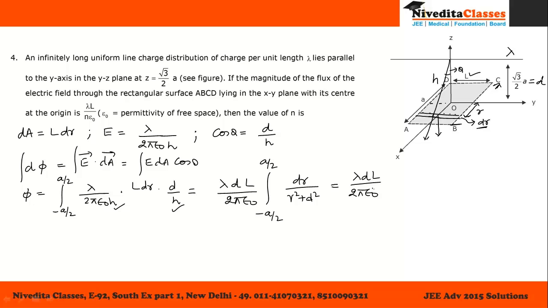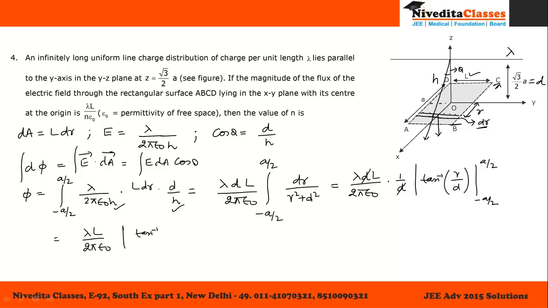So we get lambda d L divided by 2 pi epsilon naught, times 1 by d tan inverse of r divided by d, with r varying from minus a by 2 to a by 2. The d cancels out.